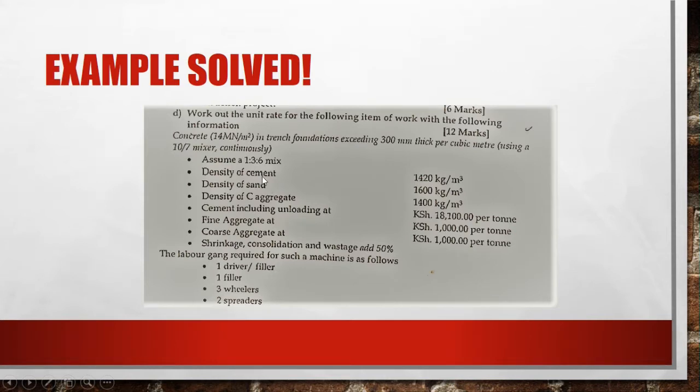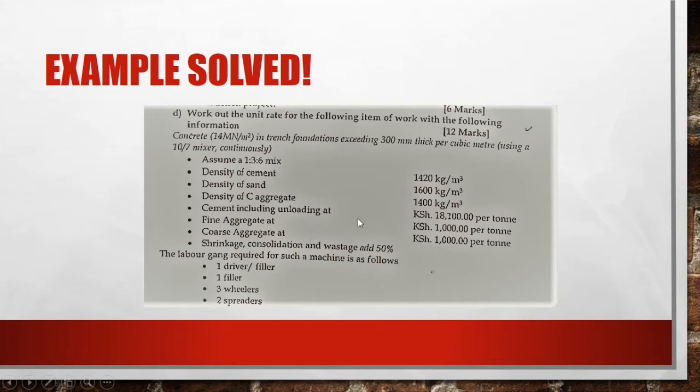The density of cement is 1420 kilogram per meter cube, the density of sand is 1600 kilogram per meter cube, and the density of coarse aggregate is 1400 kilogram per meter cube.